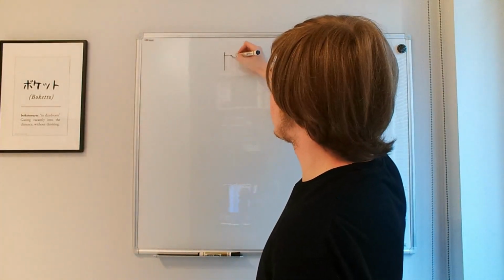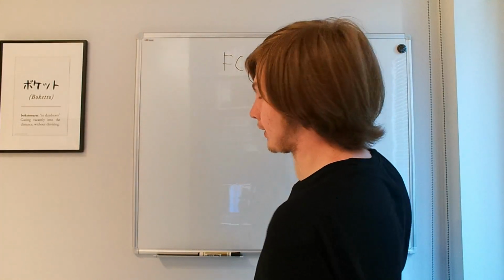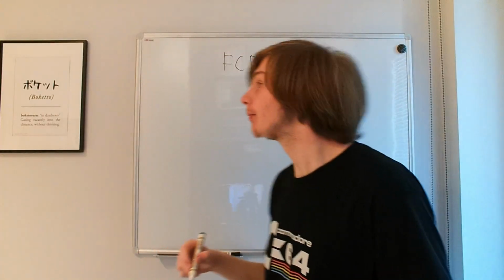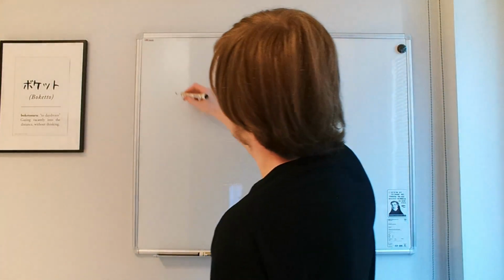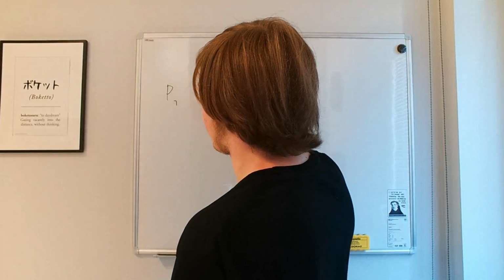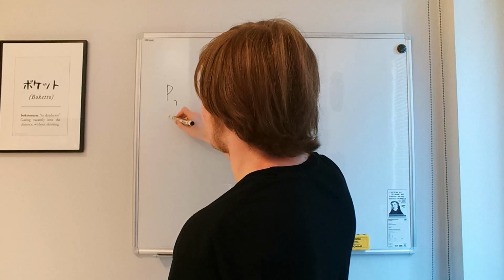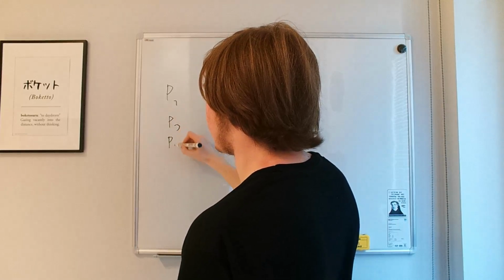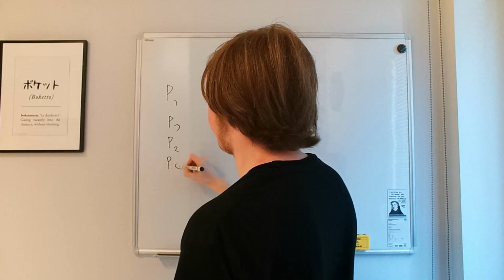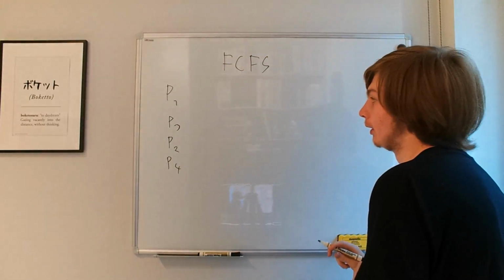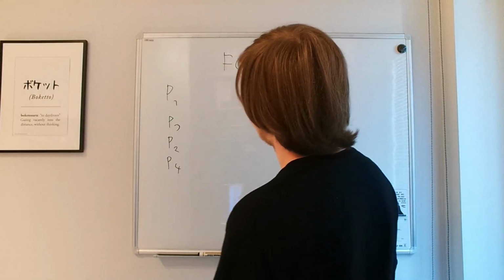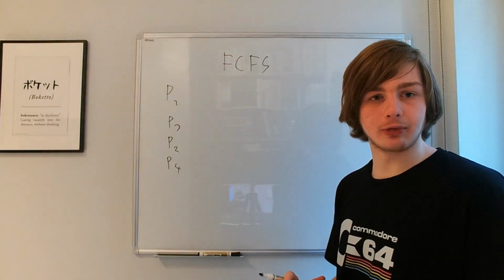And there's still a couple of approaches to scheduling those. I guess the most trivial one would be FCFS, or first come, first serve. So let's say we first receive a process P1, then we get P3, then we get P2, and then we get P4. The idea of first come, first serve is trivial.